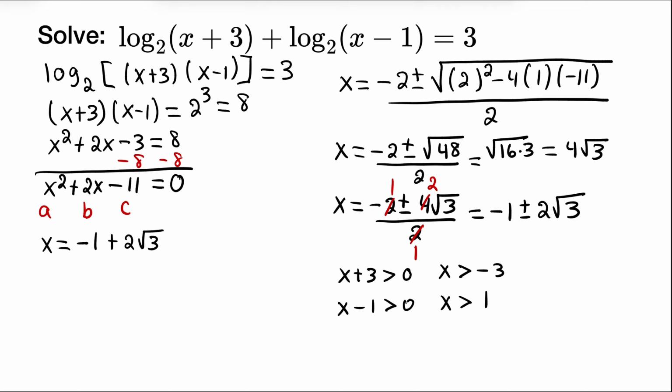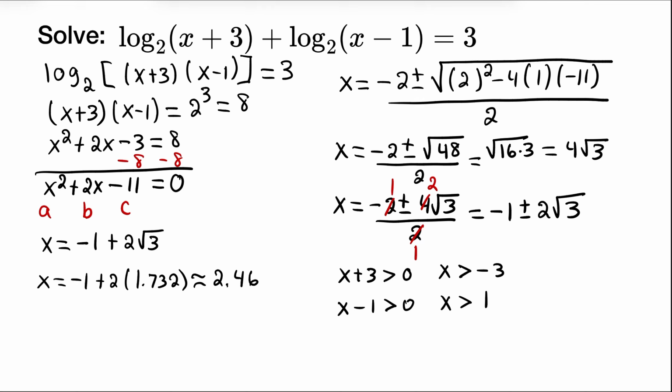Okay, and so we know that the square root of 3 is approximately 1.732. So let me just rewrite this as x equals negative 1 plus 2 times 1.732, and that is approximately 2.46.